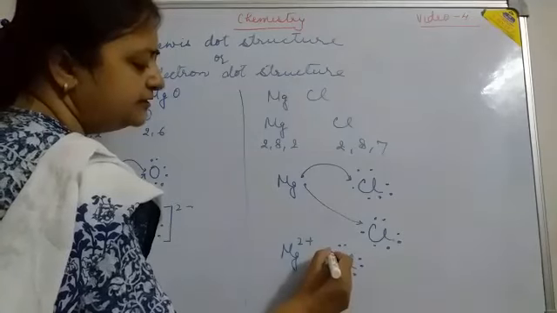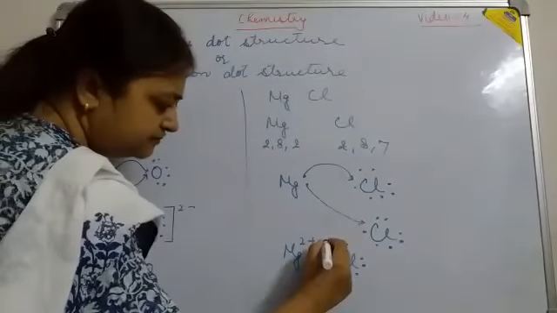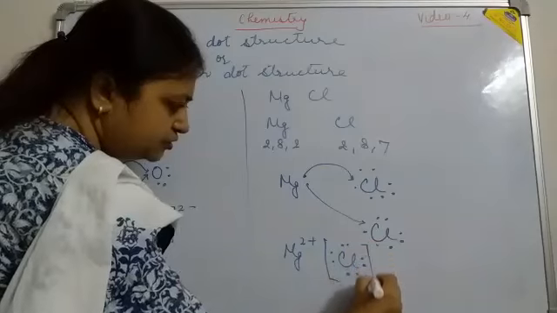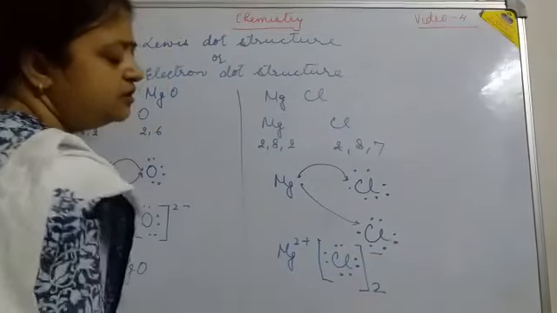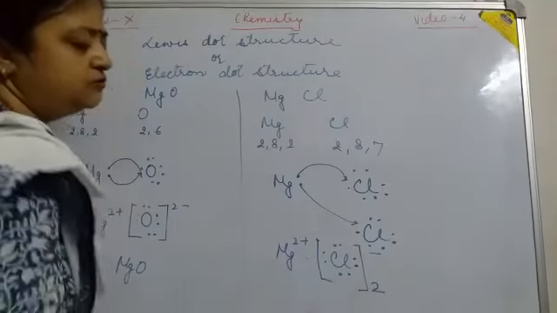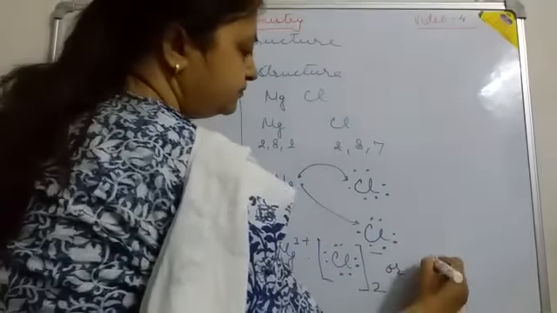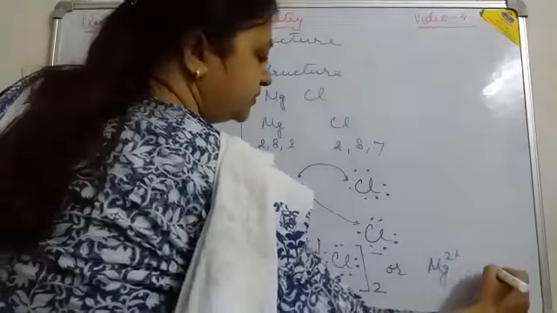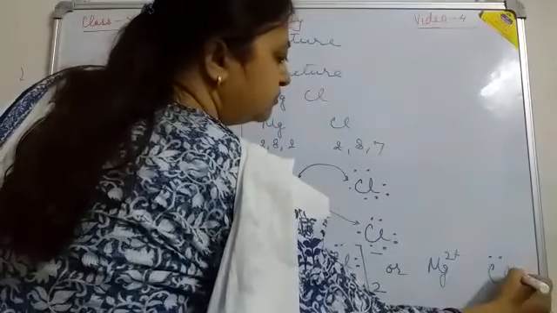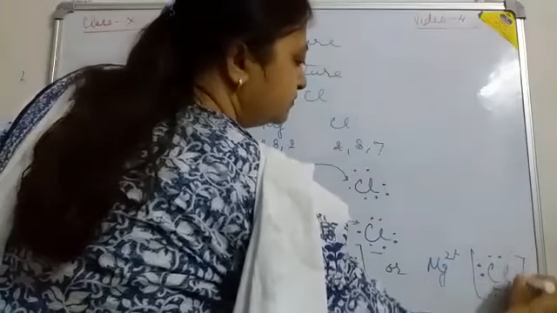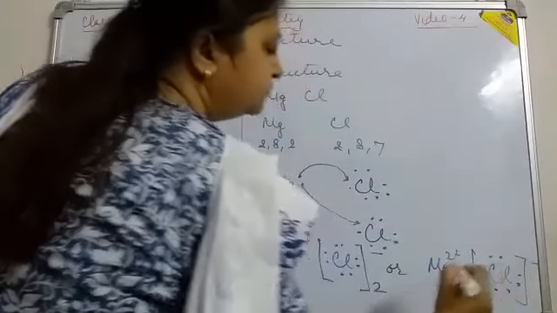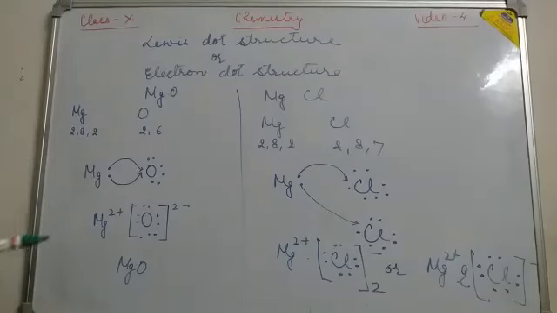Write like this with these 2 chlorines, 2 Cl minus. You can write it here or you can write it here also. These two are correct. So, this is the formation of magnesium chloride.